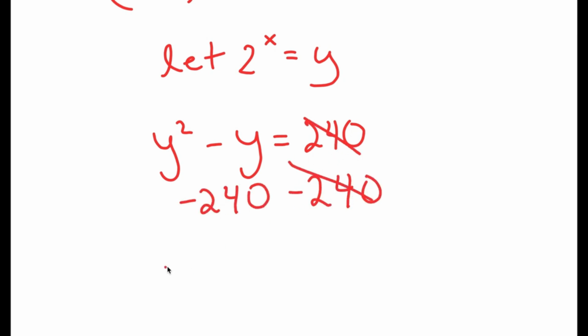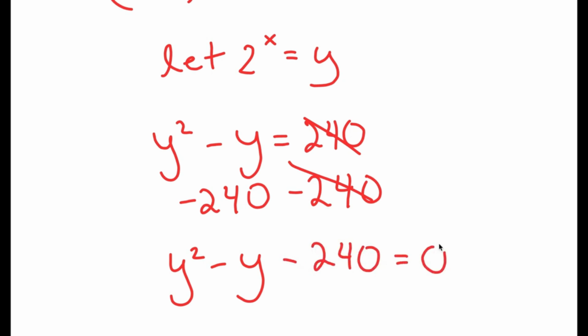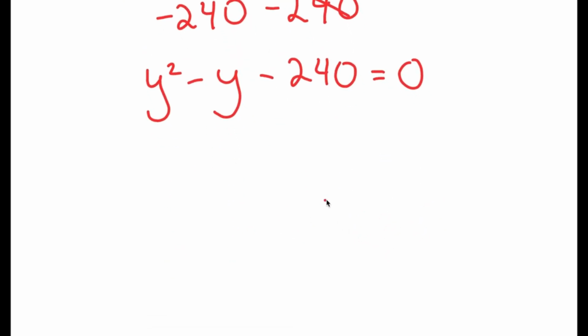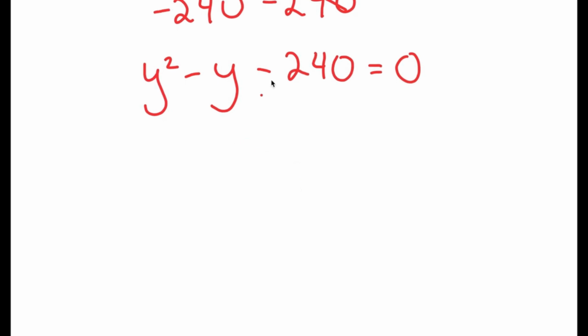So these two cancel out, and I get y squared minus y minus 240 is equal to 0. So what I have here is a quadratic equation. And to find the solutions of this quadratic equation, I can use the quadratic formula.